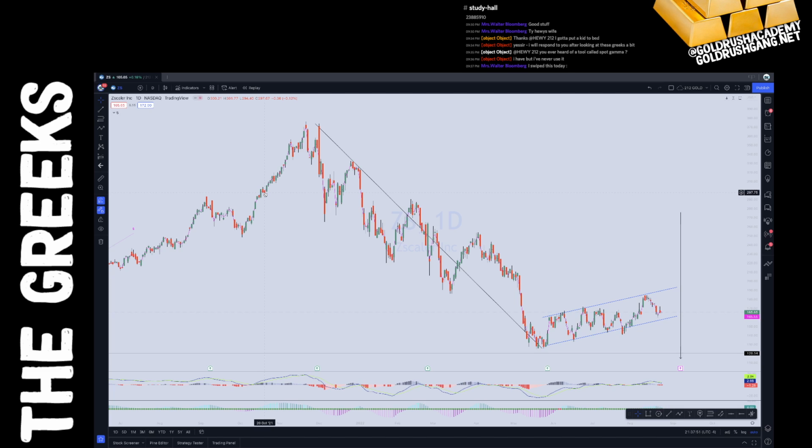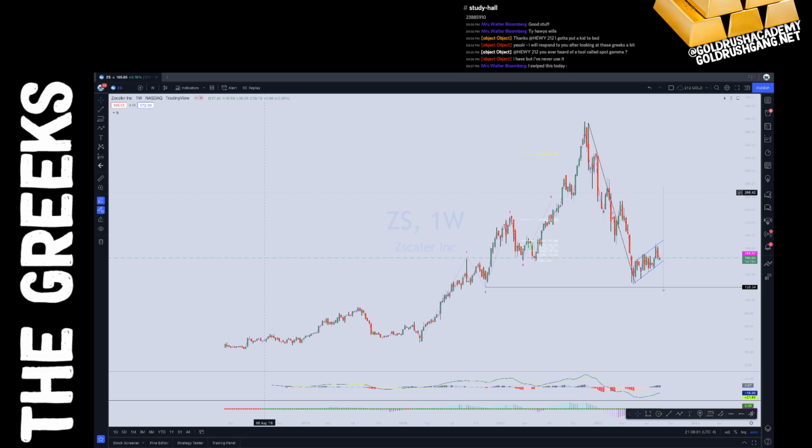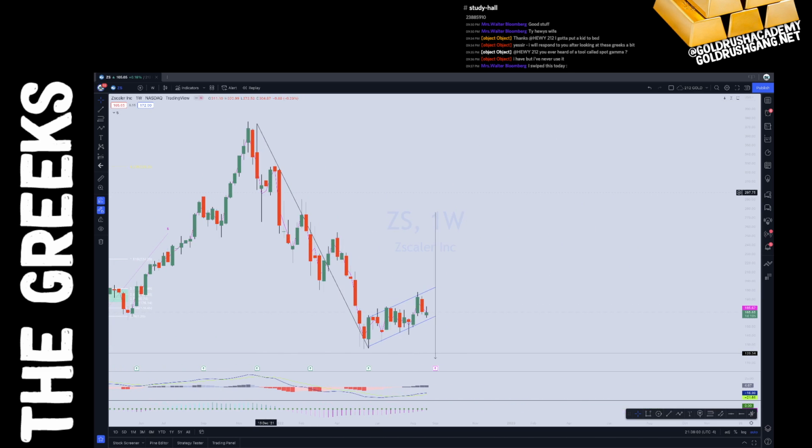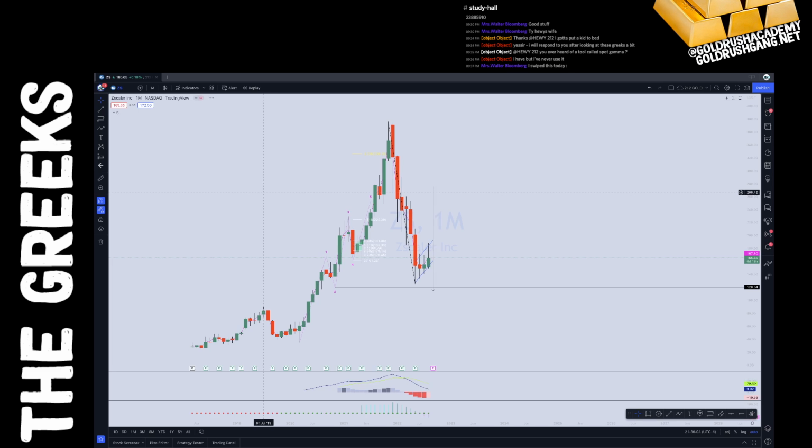But in regards to the thought process of a flow play, for example, the first thing, as you saw, I opened up the chart and looked at where the strike is based on where we are now. I looked at the weekly chart, and we can look at the monthly chart too. The monthly chart shows, if you do some strat stuff, an inside bar breaking up to the upside, but then a bunch of sellers stepping in.